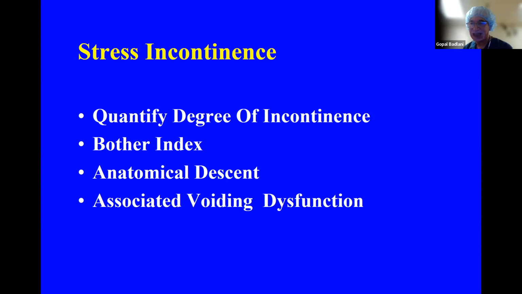If I'm doing a sling and the patient expects to get up less at night, that's not going to happen, and my procedure will be unsuccessful because her expectations were that she would get up less at night. It is important to know what the patient is bothered by that you're trying to fix.